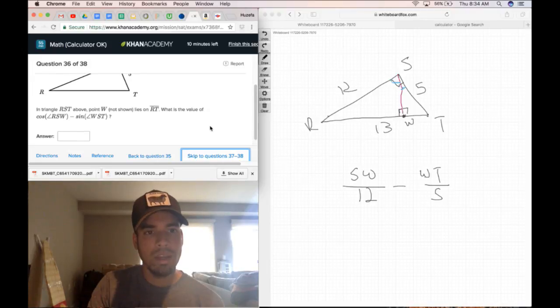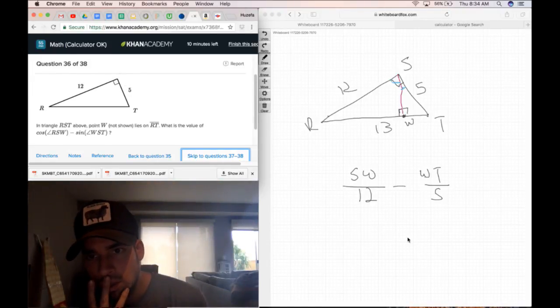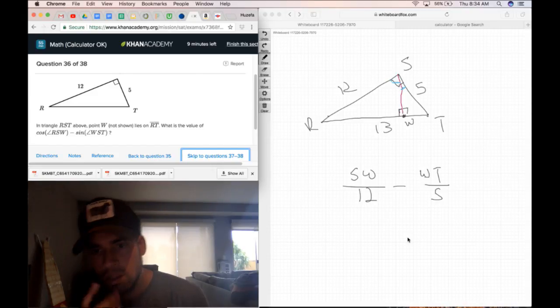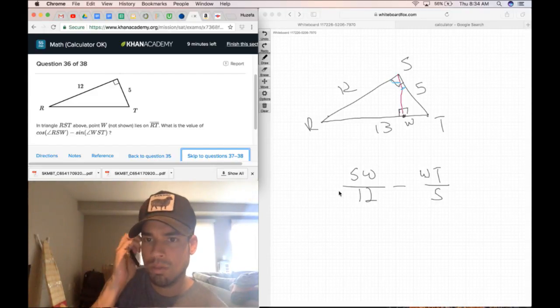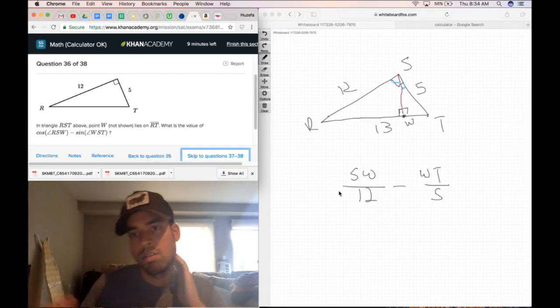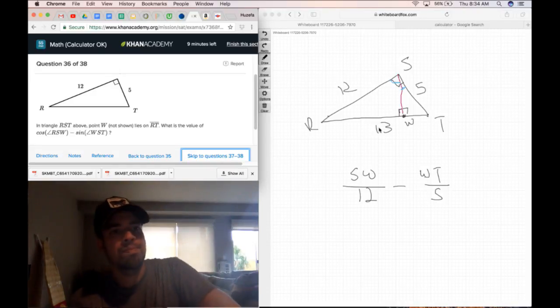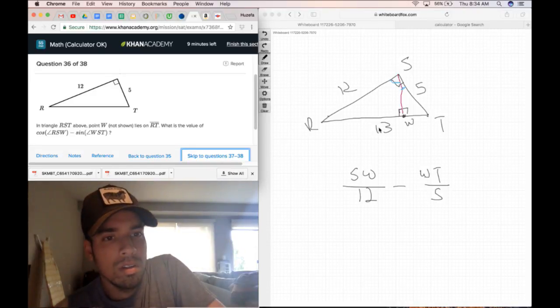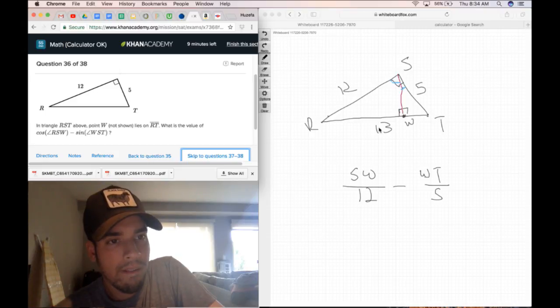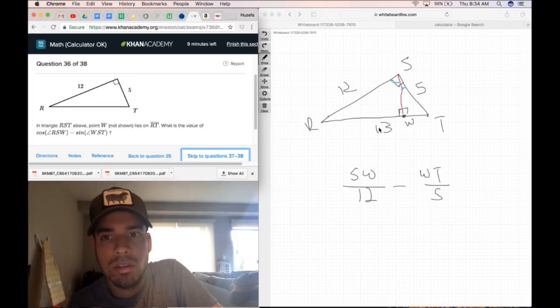And they want an actual value. Oh my gosh. Okay. So let's see, SW and WT. So how would we do this? What's the relationship between SW and WT is the question. Oh boy, there's something I must be missing here. It lies on RT, and we want cosine of RSW. 13, and it's 5.